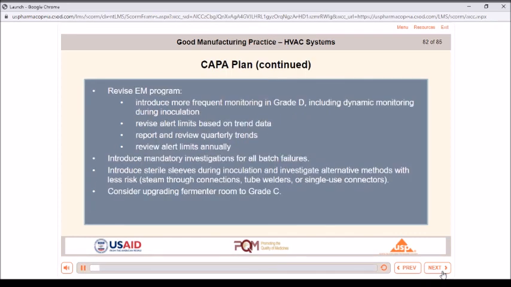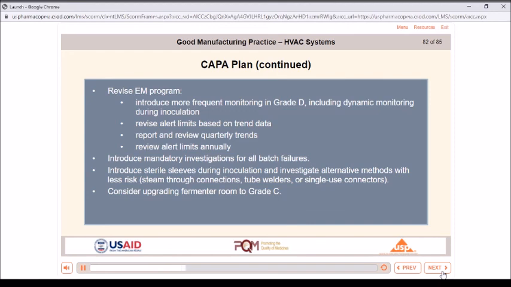CAPA plan continued. In addition to the improvements to the HVAC system, a number of other control measures were introduced as part of the CAPA plan. 1. The EM program was reviewed and revised to introduce bi-weekly monitoring in the grade D room, including dynamic monitoring during inoculation. 2.